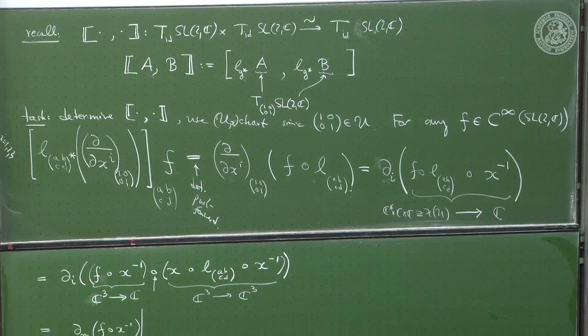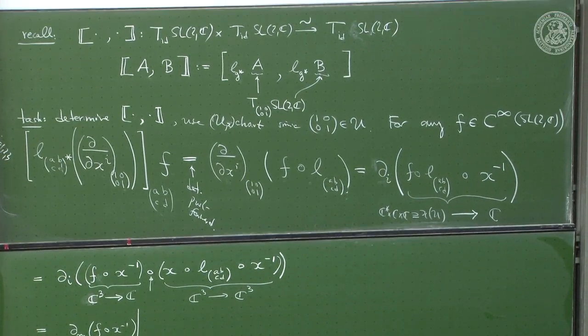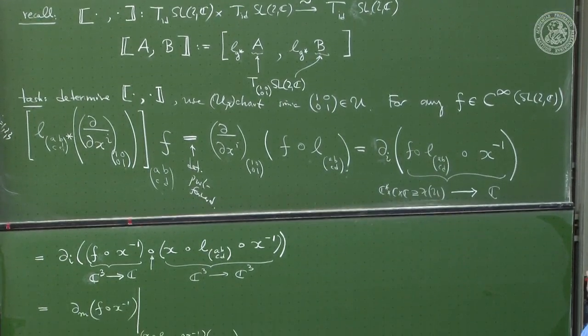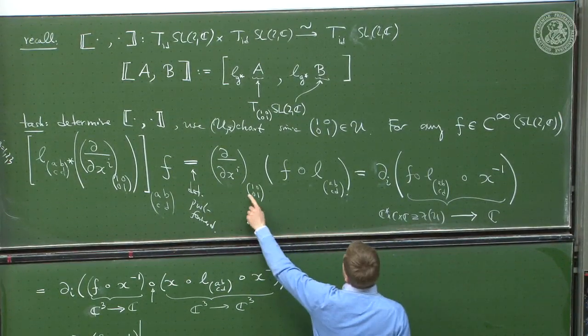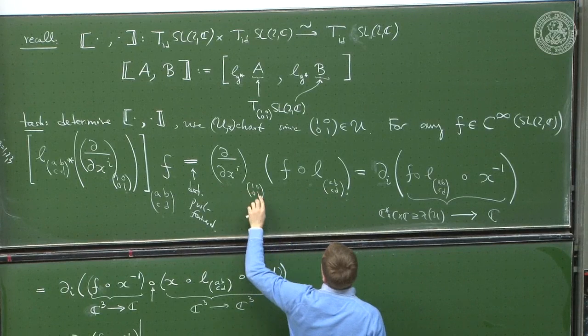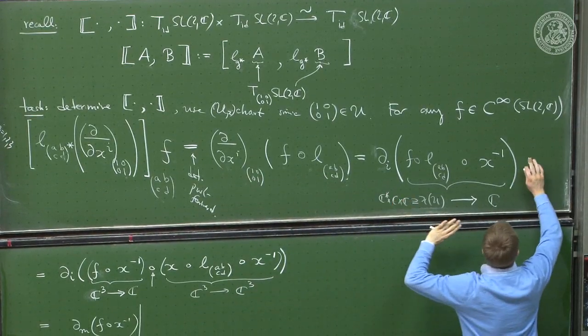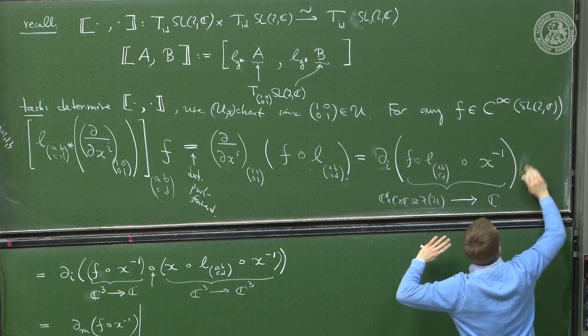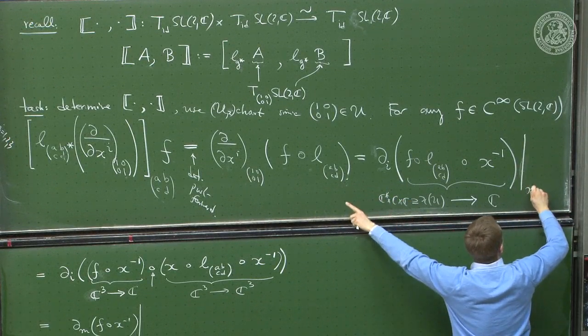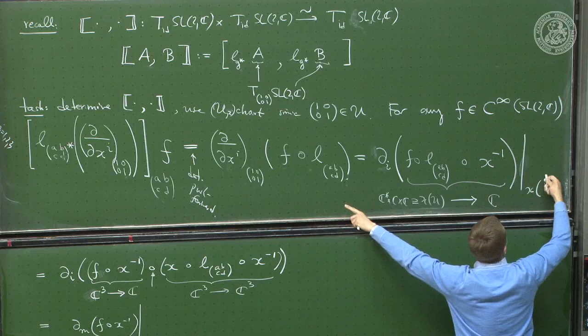So I should have written here, this is the vector there, and the full definition of this is that it then evaluates at the point, so it evaluates at x of 1, 0, 0, 1. Right?